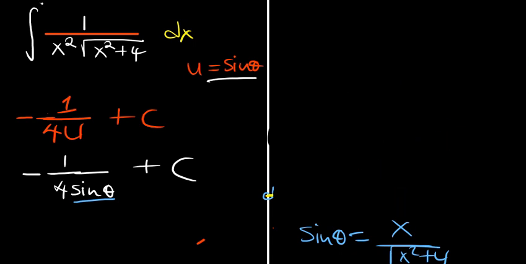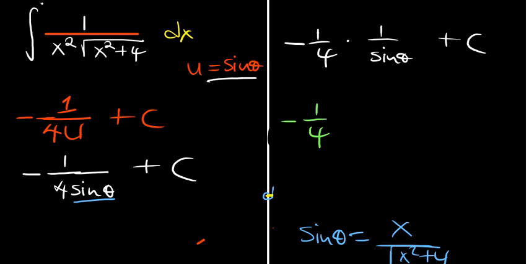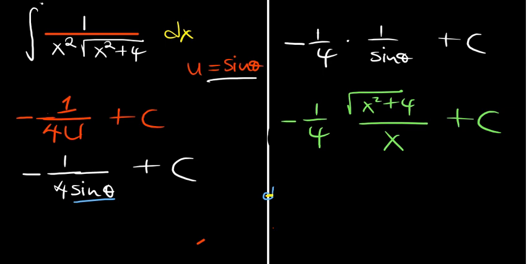So we're going to have negative 1 over 4 first of all, and then since we have 1 over sine theta plus c, it's going to be the reciprocal. So we're going to have the root of x squared plus 4 on top, and x on the bottom, plus constant c, which can then simplify to negative root of x squared plus 4 over 4x, plus constant c.